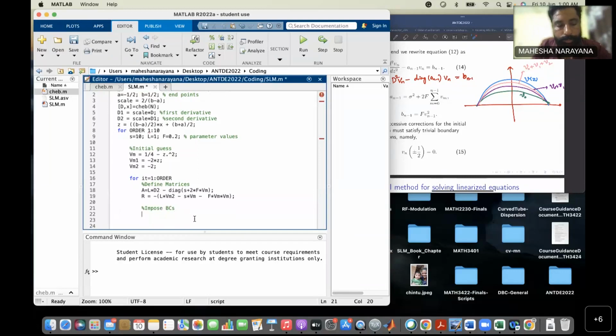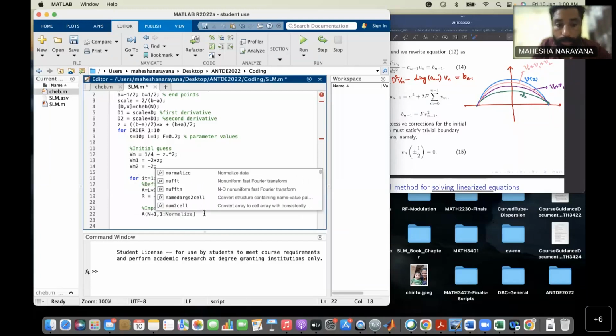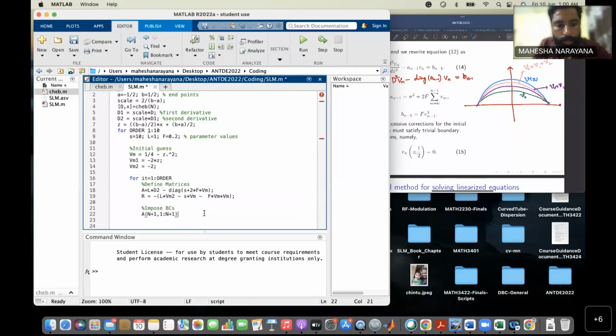Okay. So it is going to be A of n plus 1, all the rows, that is there are 1 to n plus 1 rows, columns, that is. So A of n, that is the nth row, all columns. So you could just write it as nth row, colon. So this could be equal to the identity matrix.